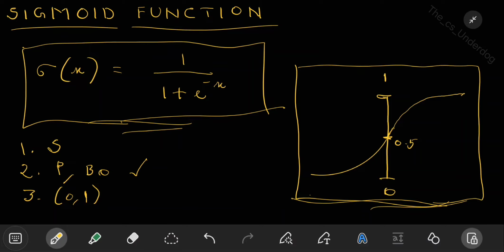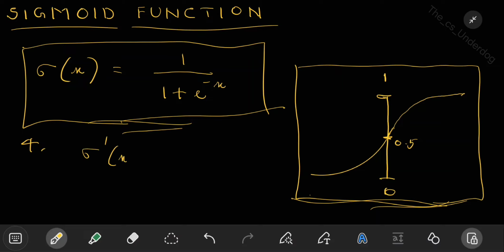The fourth point is a very important one. Whenever you are using this function for, let's say, gradient descent or any application in machine learning, one major operation you always have to do is to find the derivative, sigma dash of x.